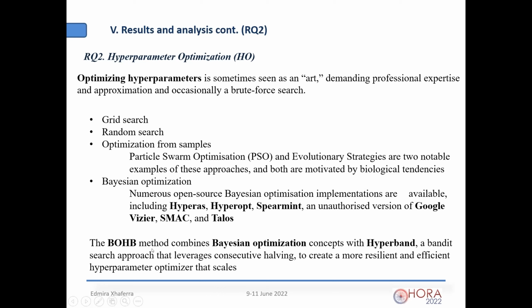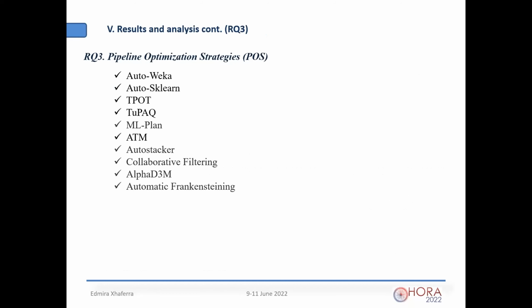The BOHB method combines Bayesian optimization concepts with Hyperband, a search approach that leverages successive halving to create a more resilient and efficient hyperparameter optimizer that scales. Anyway, we have suggested or cited some other articles to go deeper into our review.